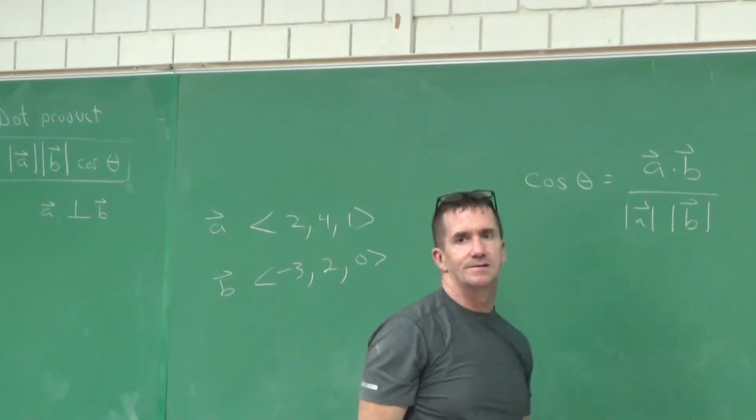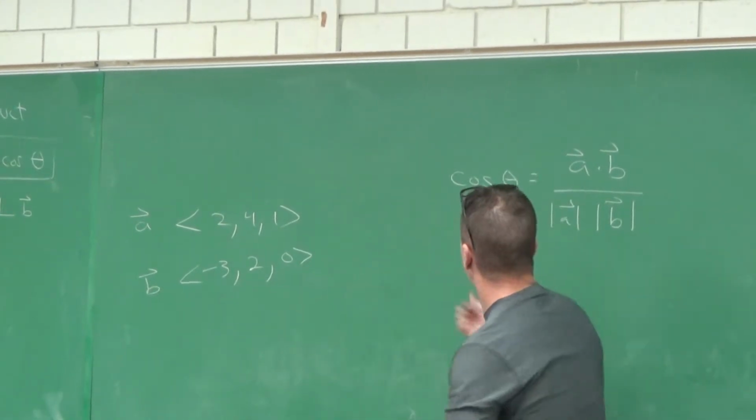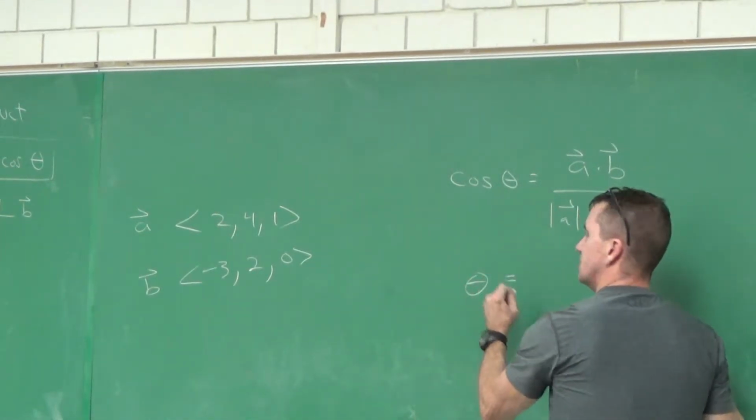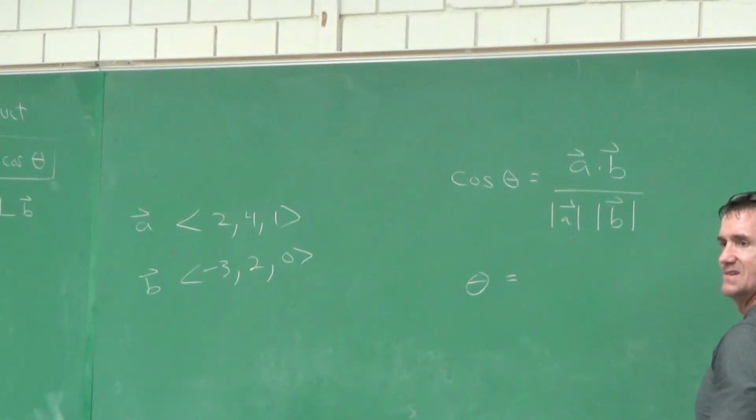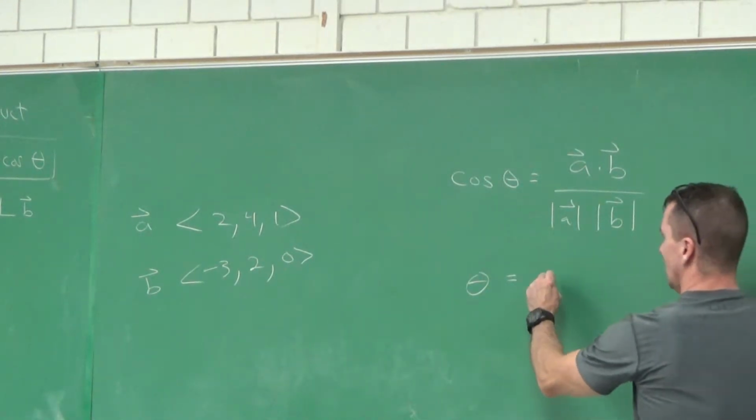But let's improve that. I want you to find the angle between the two vectors. How can I write this? So first you do the dot product in the numerator, then calculate the magnitudes and multiply. And there you go, inverse cos.